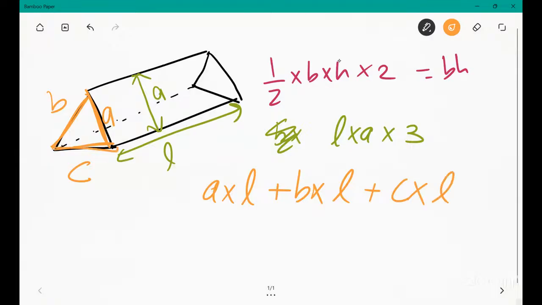Why? Because these three widths are different for each rectangle. Did everyone understand why you may have different breadths for the rectangles? Did everyone understand that?